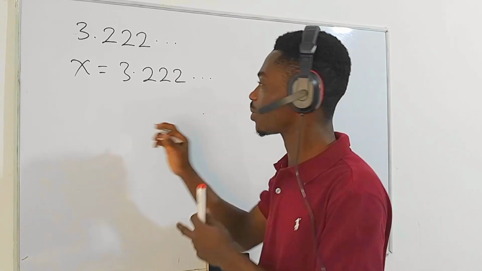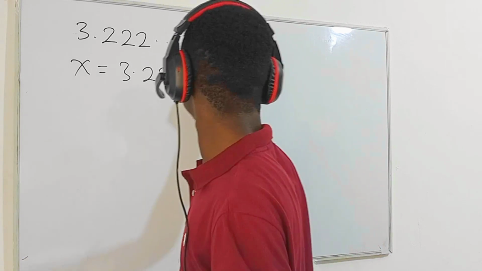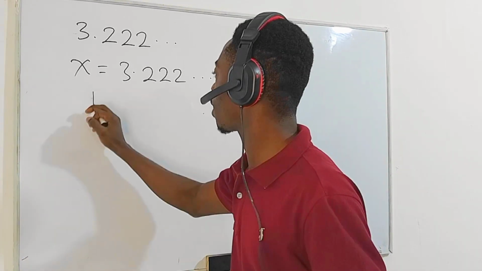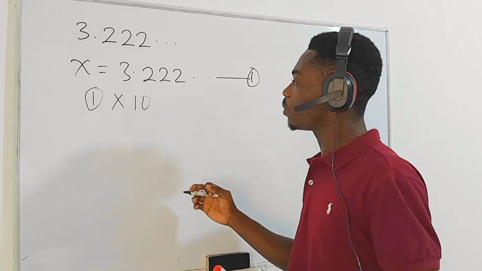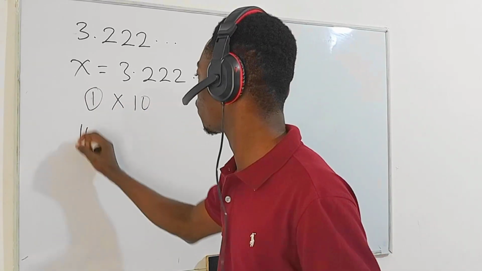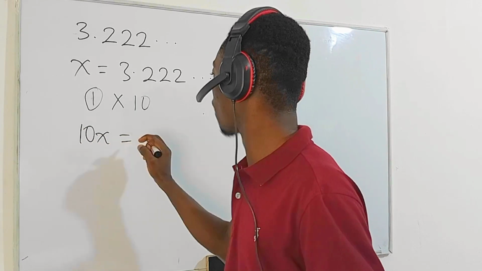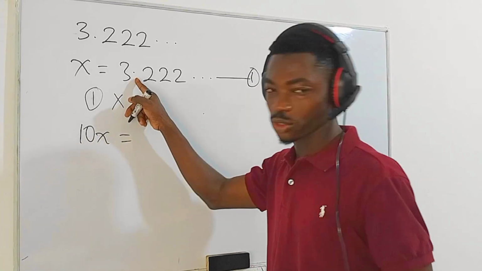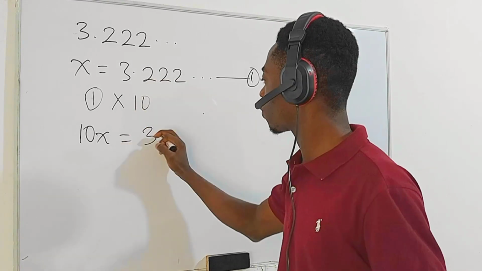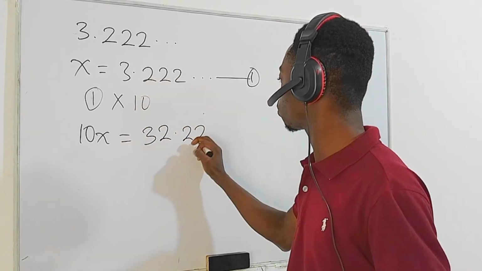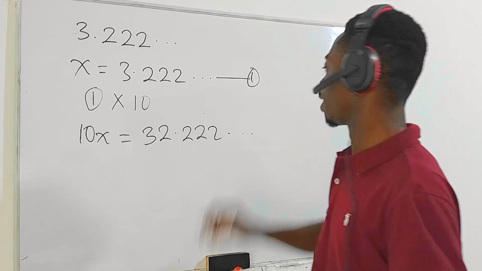after the decimal point. So let's say this is our equation 1, then I'm going to say equation 1 times 10. And if you do that, on the left we have 10x, then on the right-hand side, if we multiply this by 10, obviously the decimal point will come here. So we will have 32.222 up to infinity.